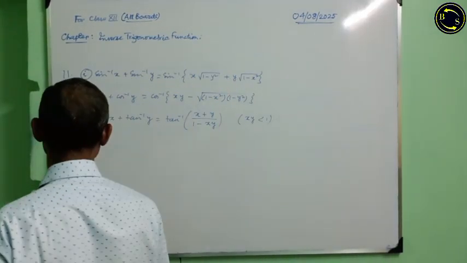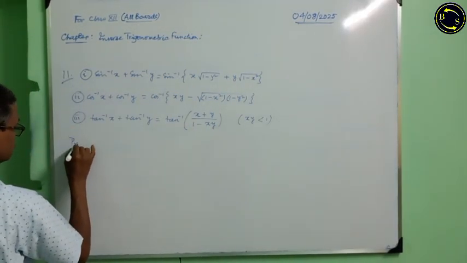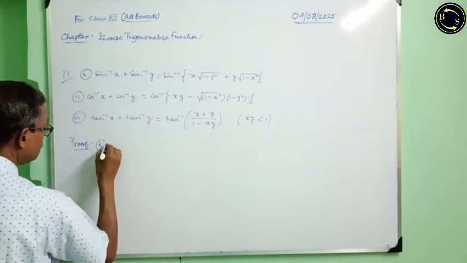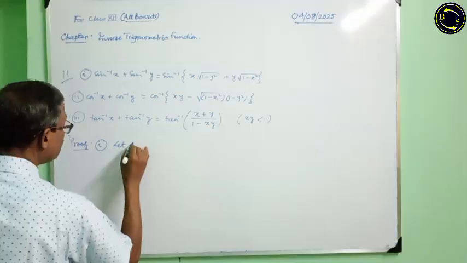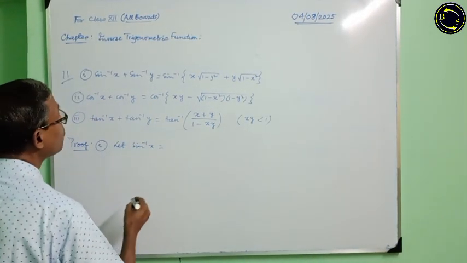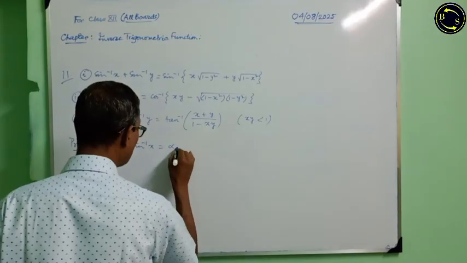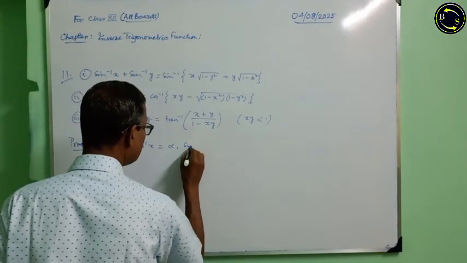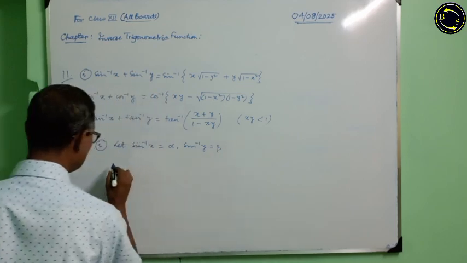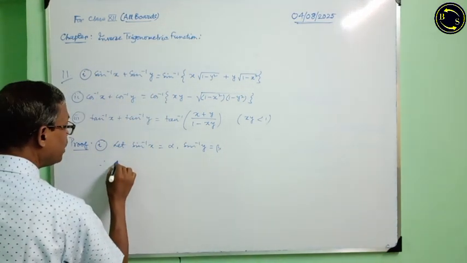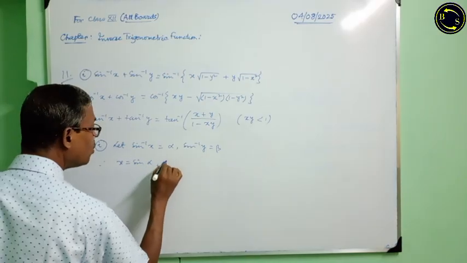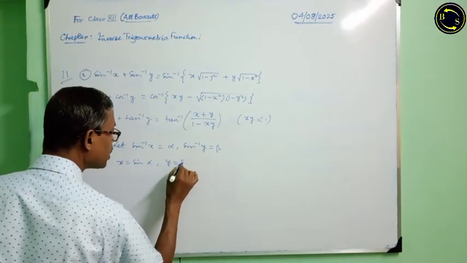Proof. Let sine inverse x equal to alpha, sine inverse y is equal to beta. Therefore, x equal to sine alpha, y equal to sine beta.